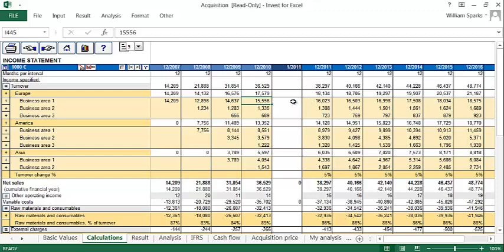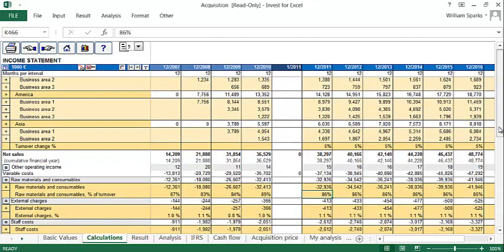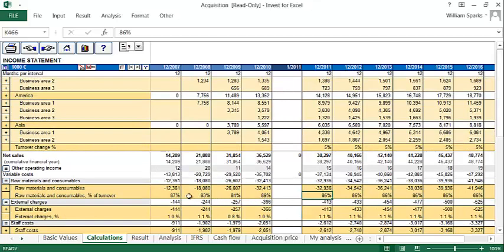So you plan the sales, and then the costs you base on the percentage of sales. For historical years, the cost of raw materials was entered as a number, and then the percentage was calculated. Now for the future, it's vice versa. You enter the percentage, and the cost is calculated.